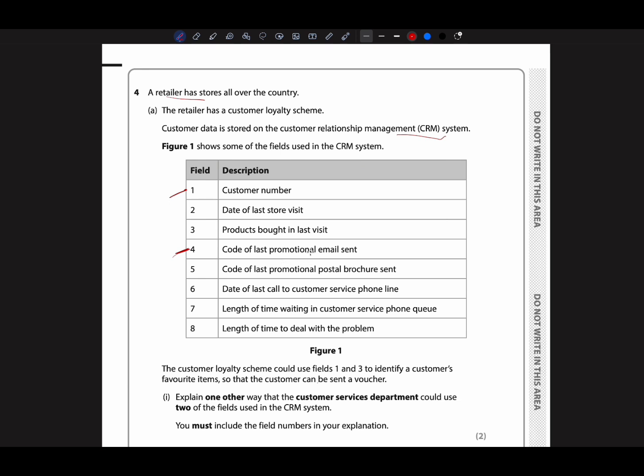Like if they have a promotion for a certain product, they send this type of email to their customer so that the customer can know that there is some product on promotion. Code of last promotional postal brochure sent, date of last call to customer service phone line, length of time waiting in customer service phone queue, and length of time to deal with the problem.